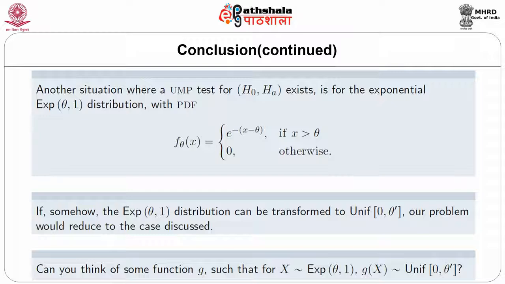Since X order n, that is the maximum of x1, x2, ..., xn, is sufficient for theta, you can use the distribution of X order n, and from there you can find the uniformly most powerful test for testing theta equals theta naught against theta not equal to theta naught.